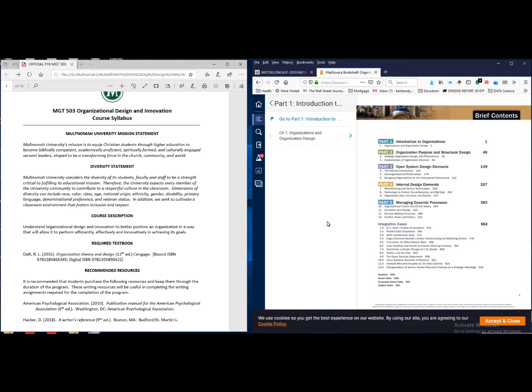Recommended resources: the American Psychological Association's publication manual. That'll probably cost you, I don't know, $30 or $40 or $50. I haven't priced one for a long time. Guess what? You can get all that stuff for free if you go to your search engine and type in the word Purdue, as in Purdue University, P-U-R-D-U-E, OWL, O-W-L, the Online Writing Lab.